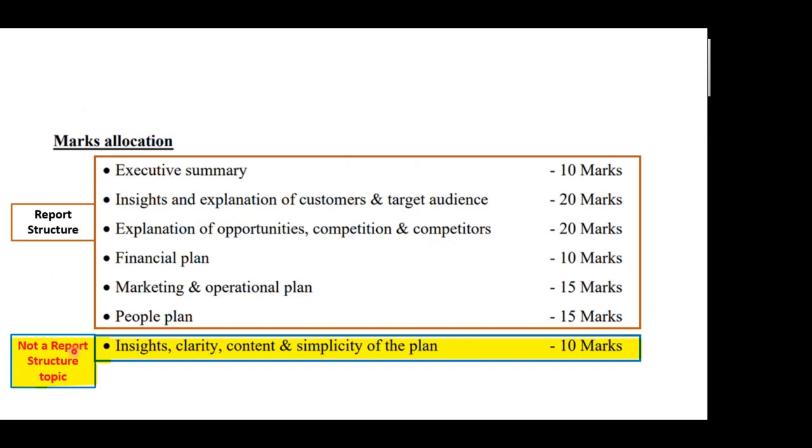Whereas the final one, the insights, clarity, content, and simplicity of the plan, these 10 marks, is not the content of the report. This is a mark allocation for the final glory of the report. So hope it is clear to all.